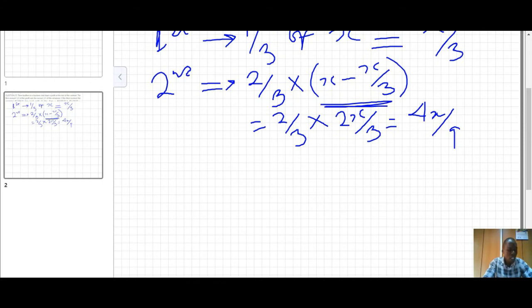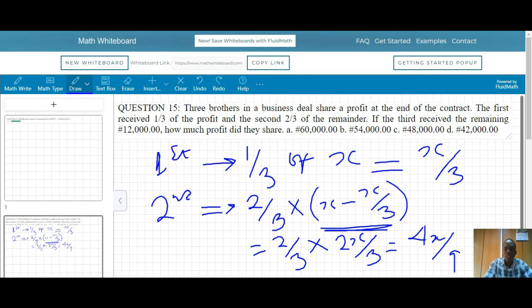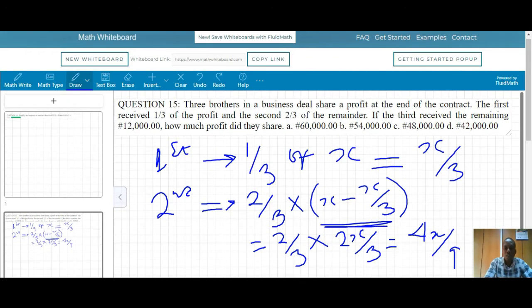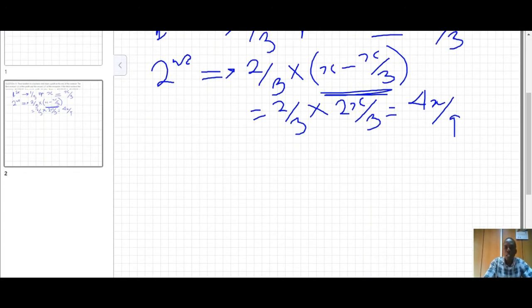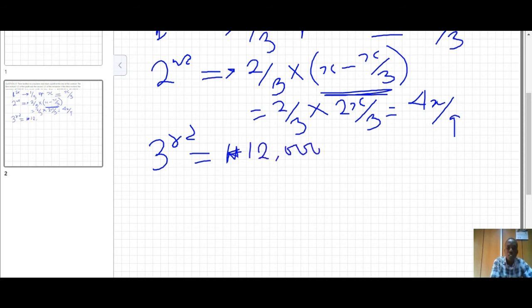Now we are going to analyze the third part. The question says the third received the remaining 12,000 naira. The third person received 12,000 naira, which is the remainder of that sum.